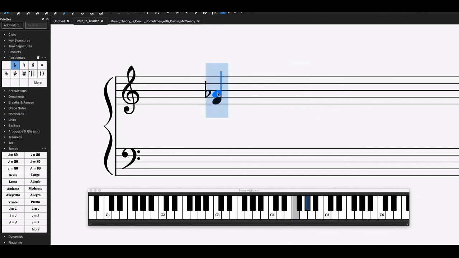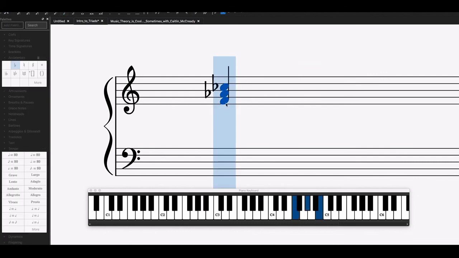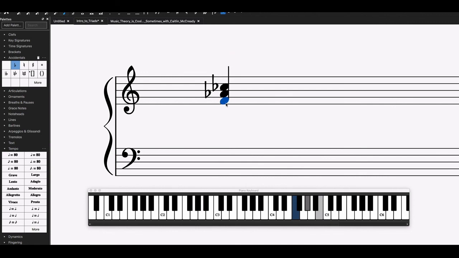Next, we'll need another minor third above the third of A flat. It won't be C natural, but rather C flat. This is our F diminished triad.